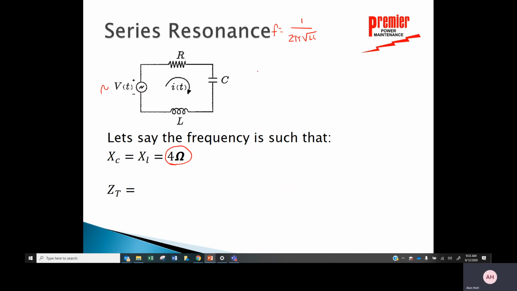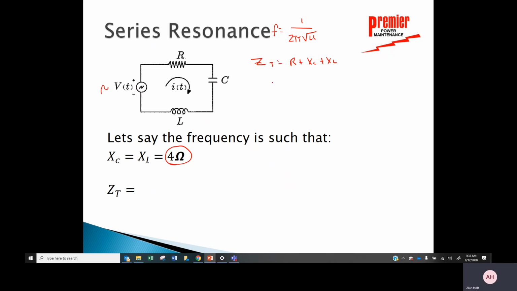Well, if you've taken some of my math classes, that's okay, if you haven't, a brief little review: the total impedance of this circuit, Z total, is going to be the resistance plus X sub C plus X sub L. Well, X sub C is not just ohms, it's at an angle.